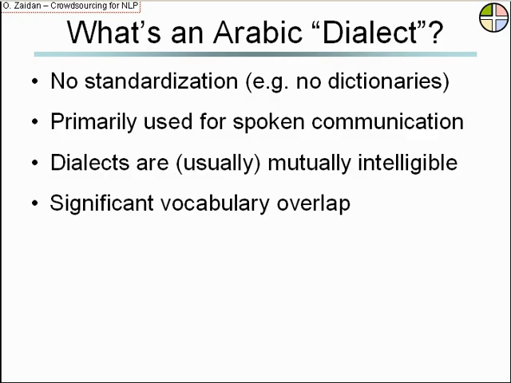An Arabic dialect is primarily used for spoken communication. You can think of it as being basically the true native languages of people in those countries. And Arabic dialects are usually mutually intelligible, although not always symmetrically. And they do have significant vocabulary overlap between them and with MSA as well.